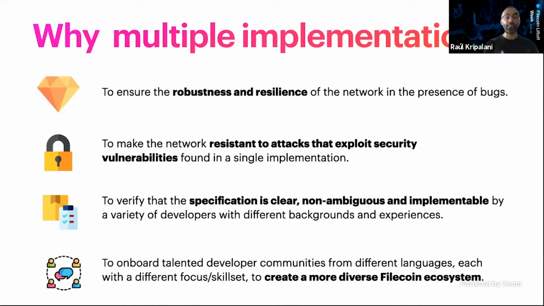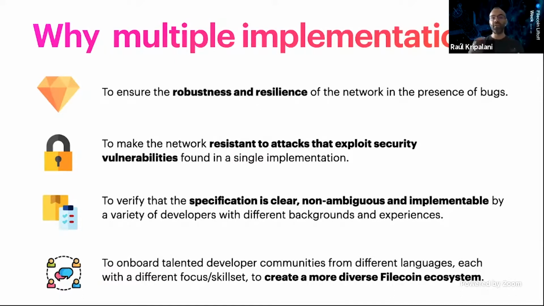It is also important to have multiple implementations to make the network resistant to attacks that exploit a vulnerability found in a single implementation. So this is the same sort of challenge or the same necessity, but from a different angle, from the angle of security.